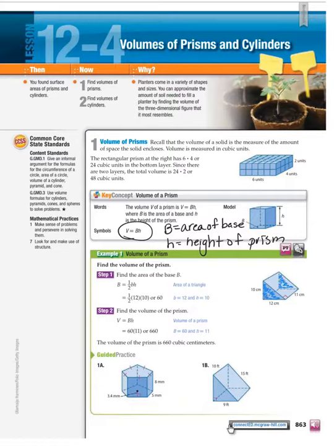So I have a right triangular prism. The area of my base, since I have a triangle, is 1/2 the base times the height. And remember that when you have a right triangle, you can always use as your base and as your height the two legs that make the right angle. The base and the height must always be perpendicular to each other.